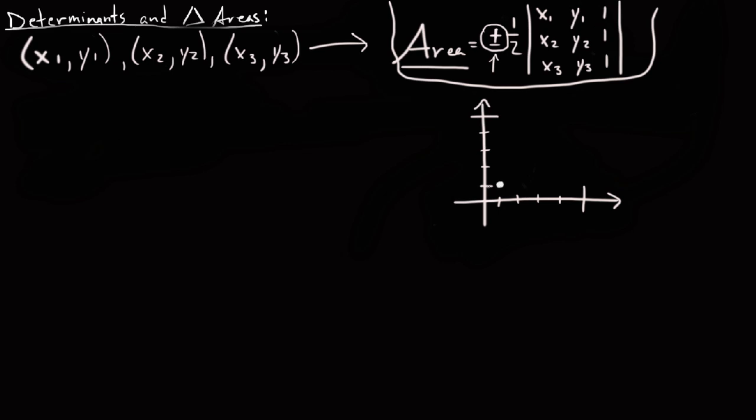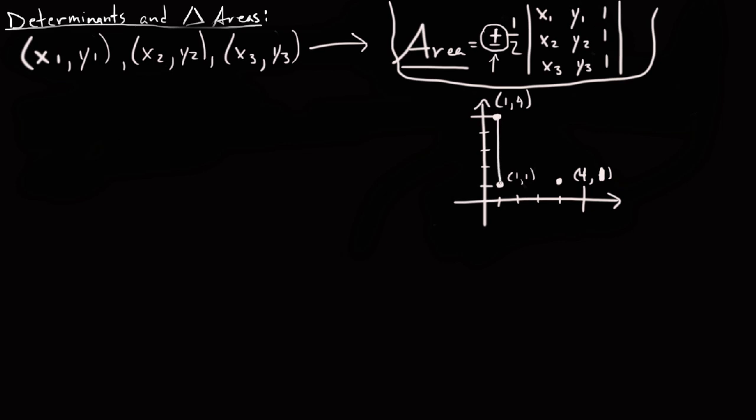We'll call the first vertex 1, 1. Then over here, this is 1, 4, and we'll call the third vertex 4, 1.